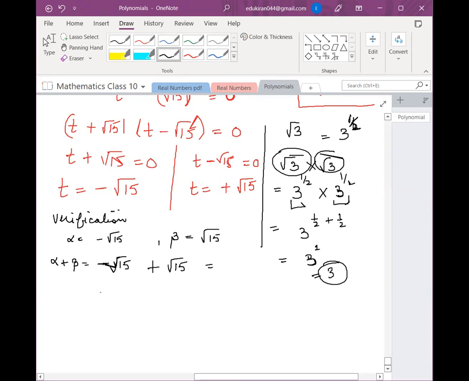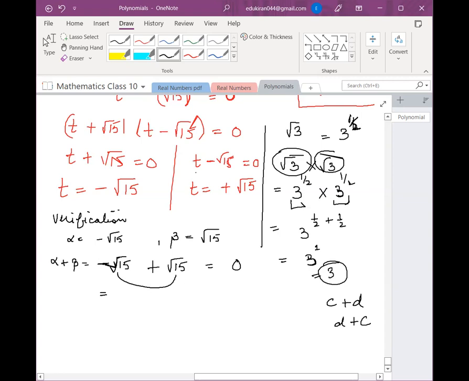I can just flip it, because C plus D can also be written as D plus C. So if I bring plus 15 here and minus 15 here, minus 15 plus 15 is going to give you 0. Clear?